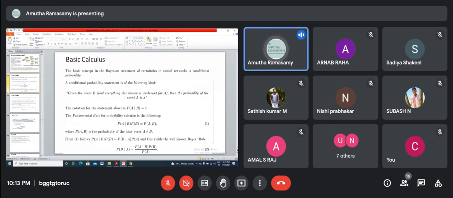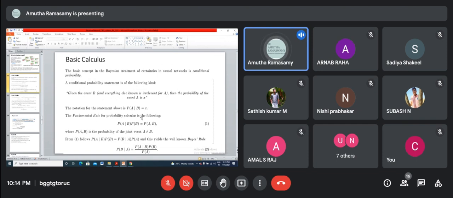The basic concept in the Bayesian treatment is conditional probability. What is conditional probability? Given the event B, and everything else known is irrelevant, then the probability of A is X. So we have been given the event and we have to identify the probability of A. Let us say this is X.